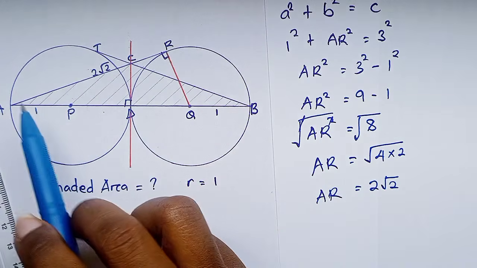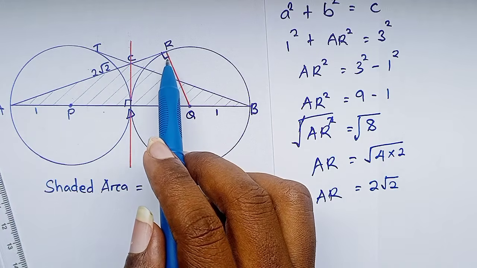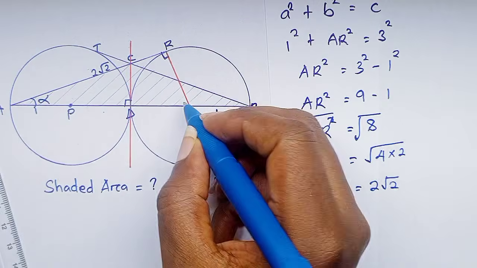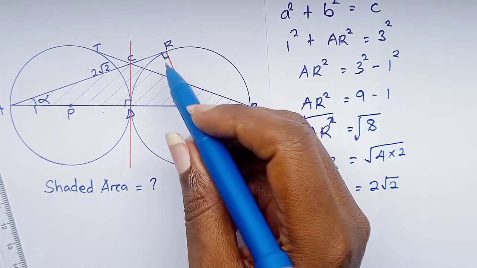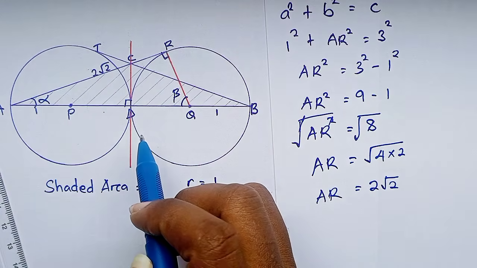Now in triangle ARQ, let's say this one here is alpha and this one is beta. If this is 90, that implies that alpha and beta are complementary angles because they add up to 90 degrees.